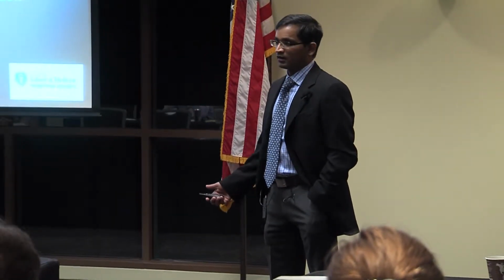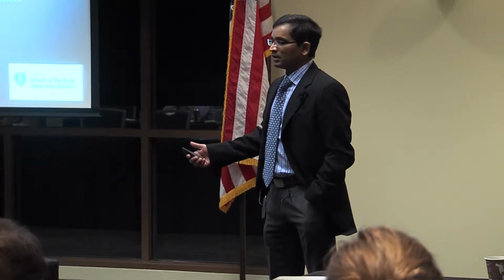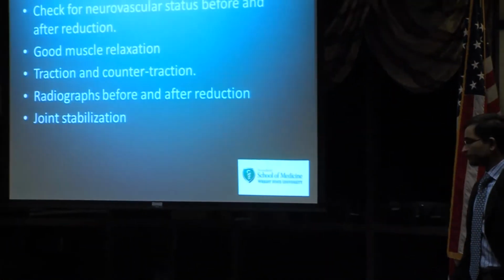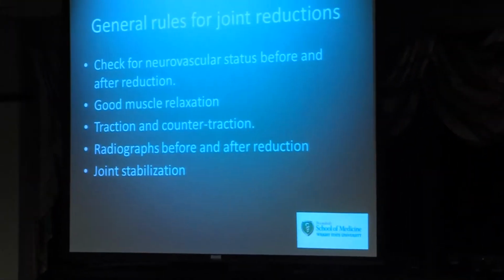So starting off with dislocations, there are a few general rules for reducing a joint dislocation. We have to make a diagnosis of the dislocation, whether of any particular joint. Most of the time it is deformed when you compare it to the other side, and that is pretty obvious physically.